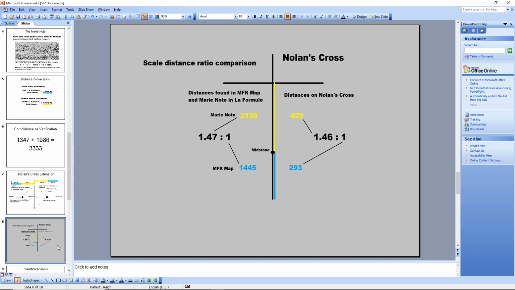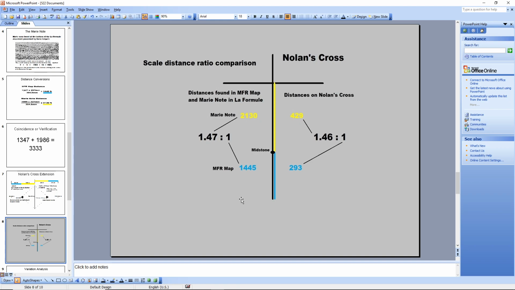Okay. The other thing about these distances, the 2130 and the 1445, is that they are very close, within 1/100th of a factor, very close in proportionality, in a ratio. Right here we have the Marie note.